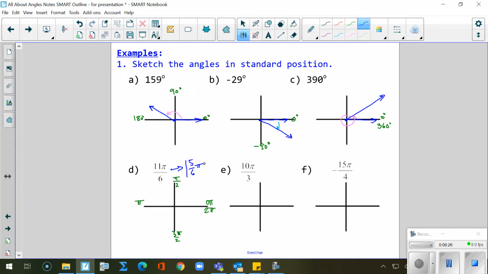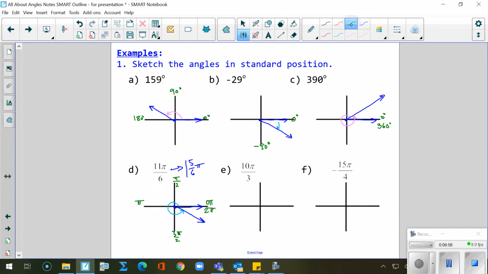This is just a part of my thought process, so that when I draw on my initial side, to find my terminal side, I would go to 1 pi and 5/6 pi, which is a little bit less than 2 pi, remember. So I'd stop right about there to draw my angle.